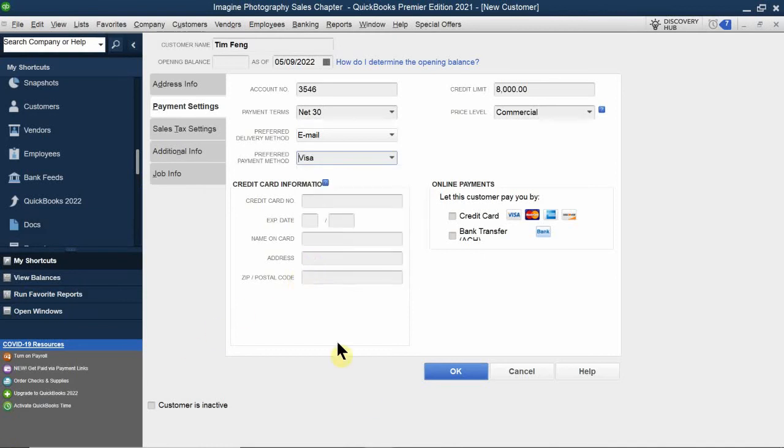Now, for those companies who do not believe in holding onto credit card information because of the security reasons, you can always ask the customer for their credit card information at any given time. Because you don't have it on file, you can request for the customer to give you the credit card information right then and there.